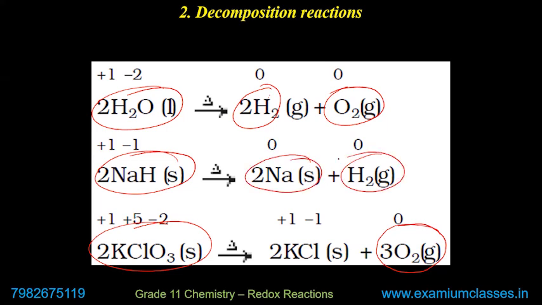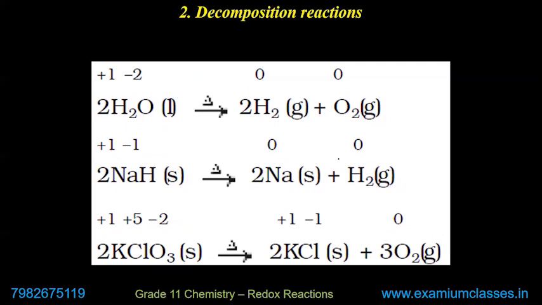So conditions met. Now you need to think that in which particular case it is reduction, in which particular case it is oxidation. So increase in oxidation state is oxidation. From -2 to 0, it is increase. So this part is oxidation.